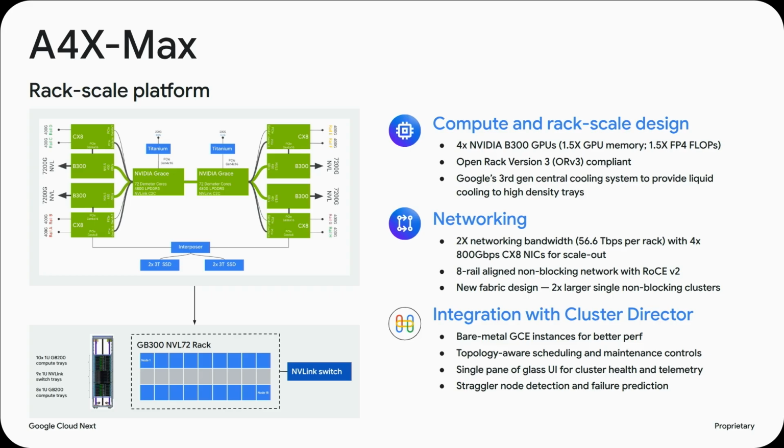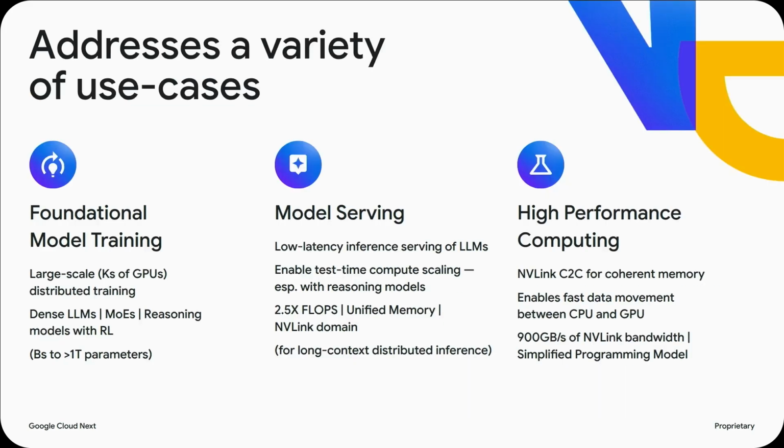And then we also have a new data center scaling that allows us to combine multiple sites into creating a very large GPU non-blocking cluster. And with all of this compute, we can train really large foundation models. We can target model serving use cases, especially as these systems become long context, longer sequence length.